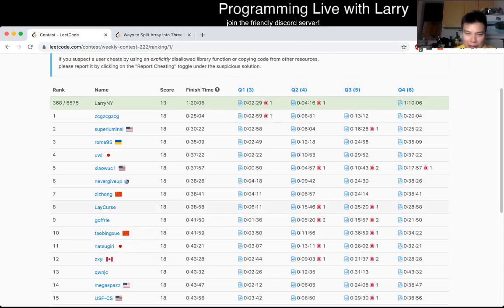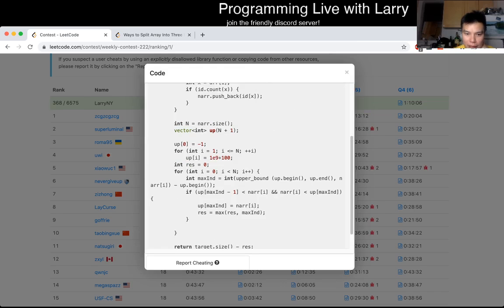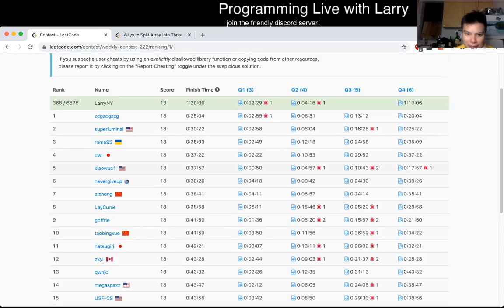Let's take a quick peek at Q4 as well, how people did it. That makes sense. I mean, this is basically what I did. Maybe. I don't know if that's true, actually.